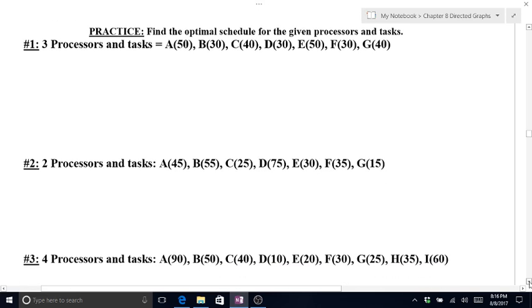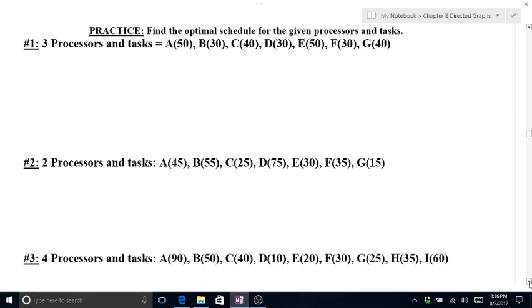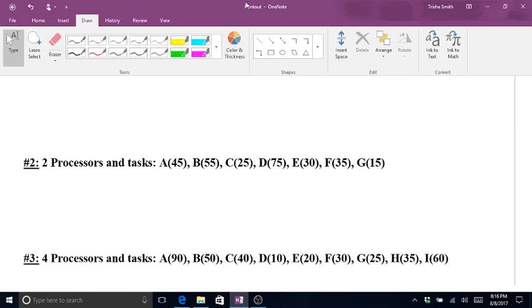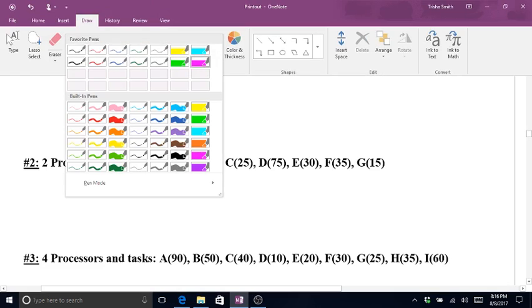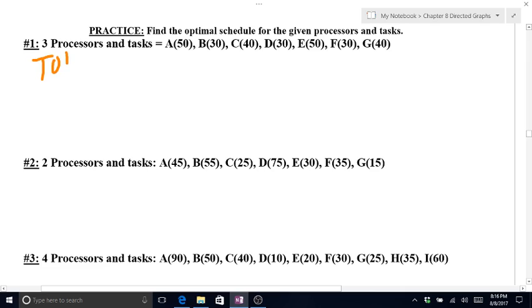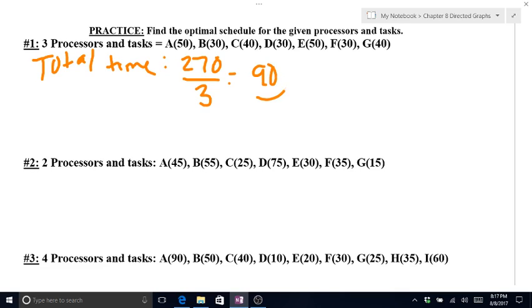So let's practice everything we just did. Find the optimal schedule for the given processors and tasks. So again, we've got to find total time. Always, always first step, total time. 270 here. Divided by 3 processors, we're looking at 90.